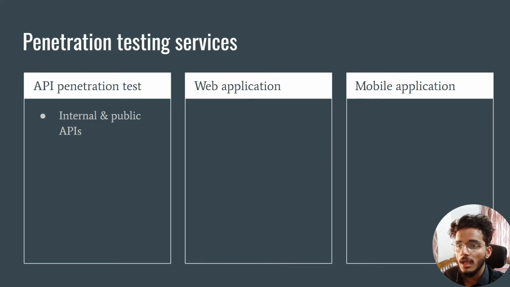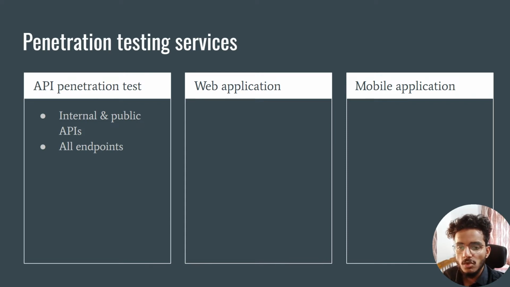That means you may have some internal APIs that are only available to your employees, but you will also have some APIs that are publicly available to all of the users out there. So I can test both of these types of APIs.